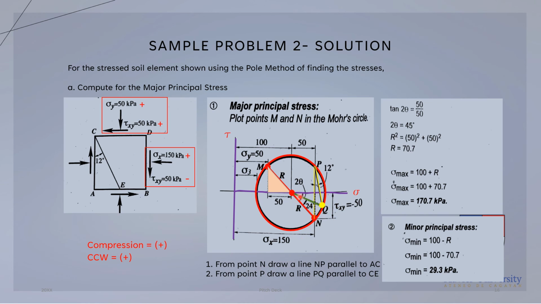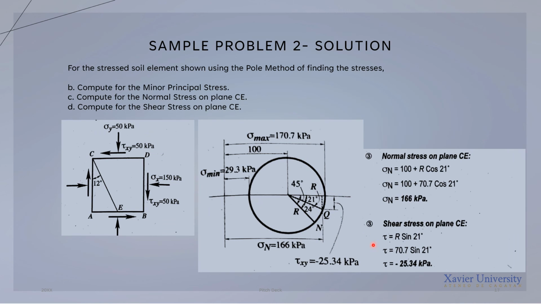So, to focus on this area in the Mohr circle here, so we can arrive with our normal stress and the shear stress for the soil element, let us isolate that one. So, muna siya, no? We have our point Q, no? Para kaganiha. And then our point N, magpunta siya kaganihan, our radius.